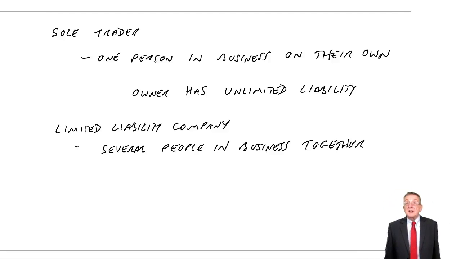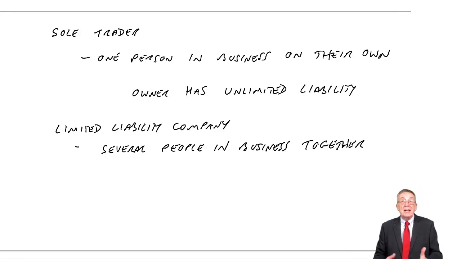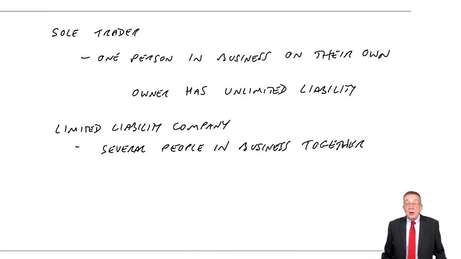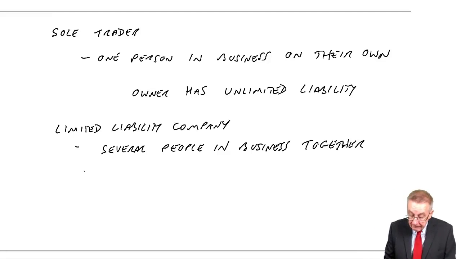So maybe 10 of us decide we're going to start a business, and perhaps we all put in $100, and the business can start buying a shop or something. But the important thing about a limited liability company is the business exists separately in law.